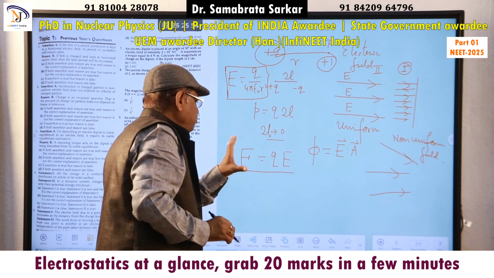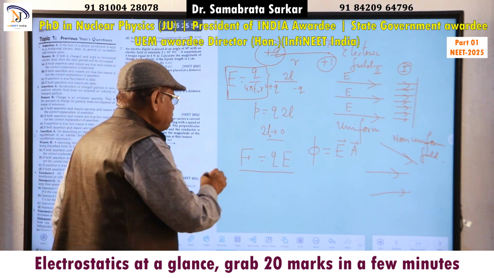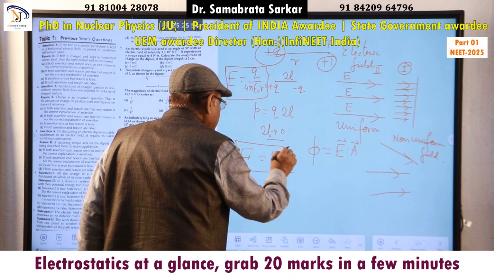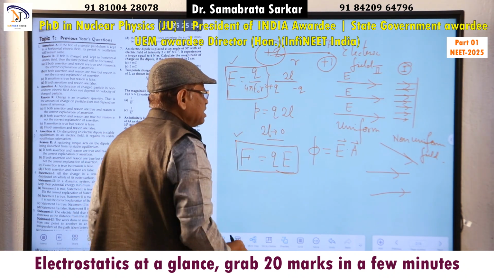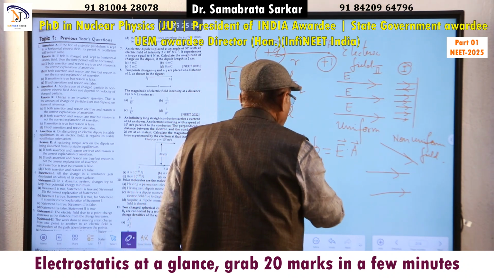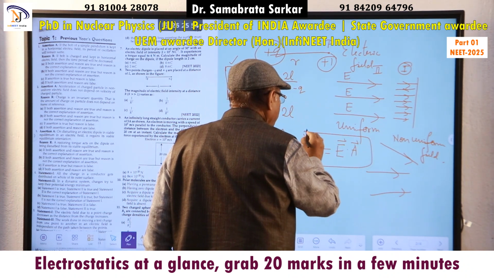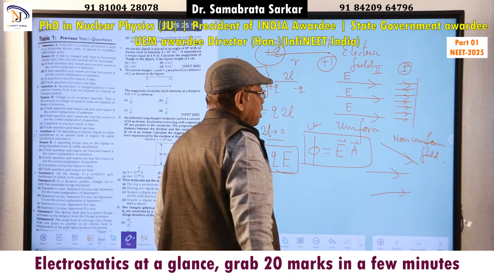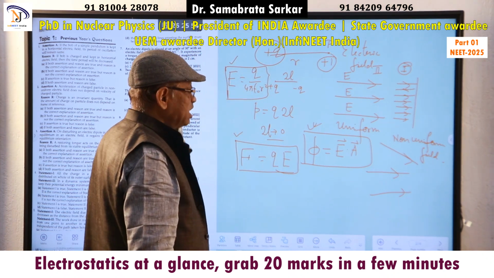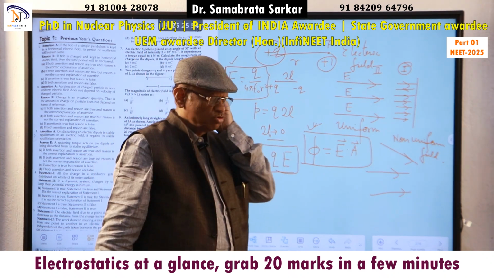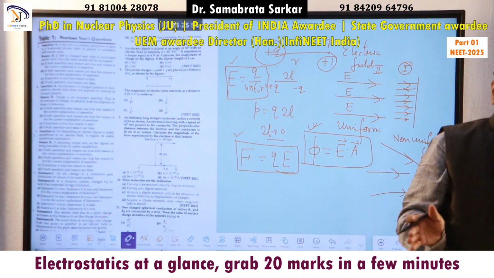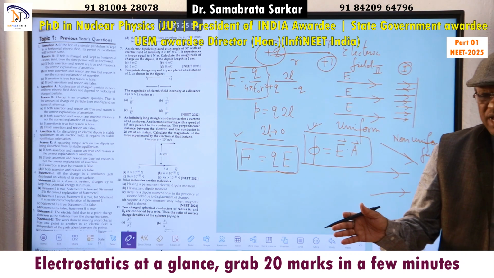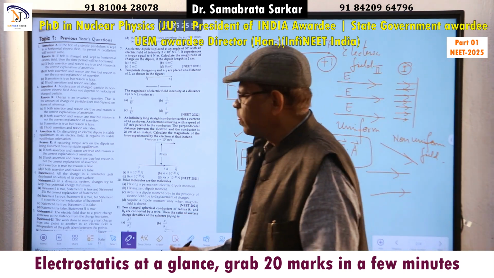This is also an important relation, using which you can solve problems. This is one relation, this is another, and this is the relation of flux, and I have already written the relation associated with Coulomb's law. These are the basic relations. Okay, very easy.